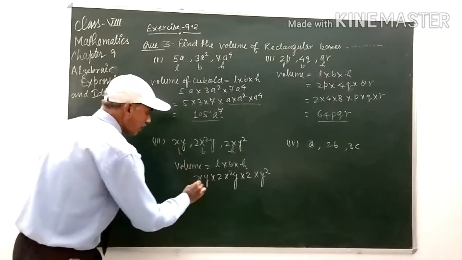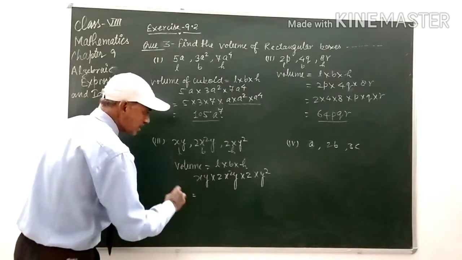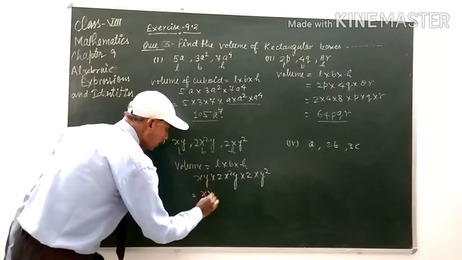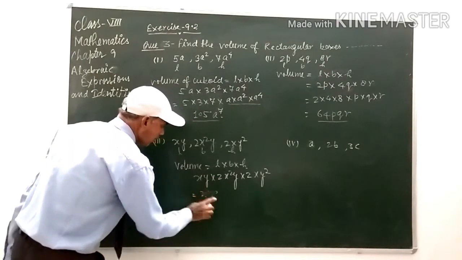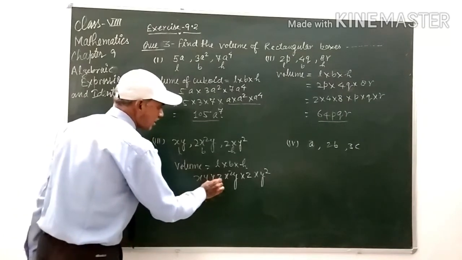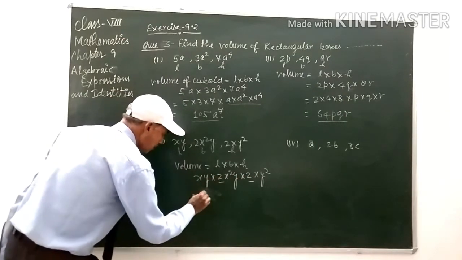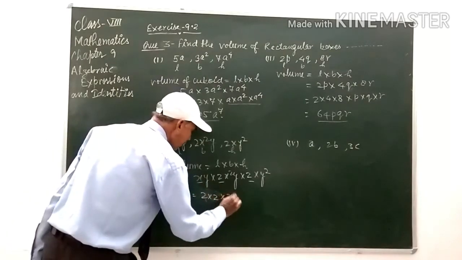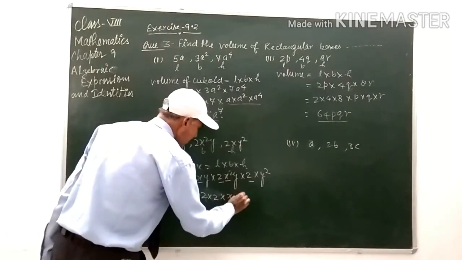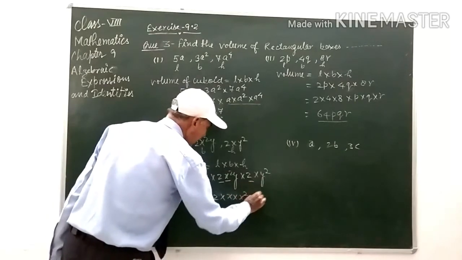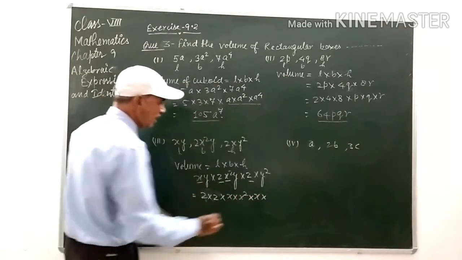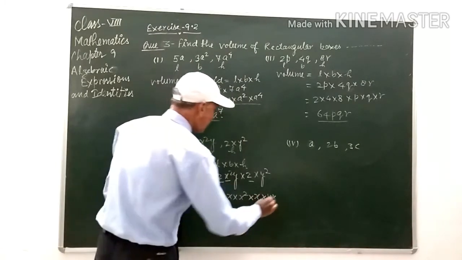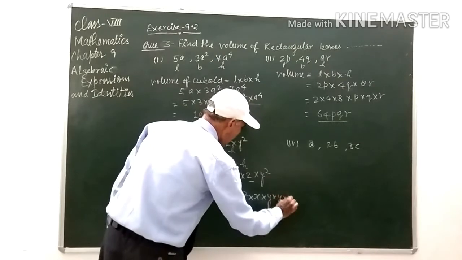That will be, first take the numbers on one side students, 2 and 2, this one 2 into 2 into x square into x into y and y square.